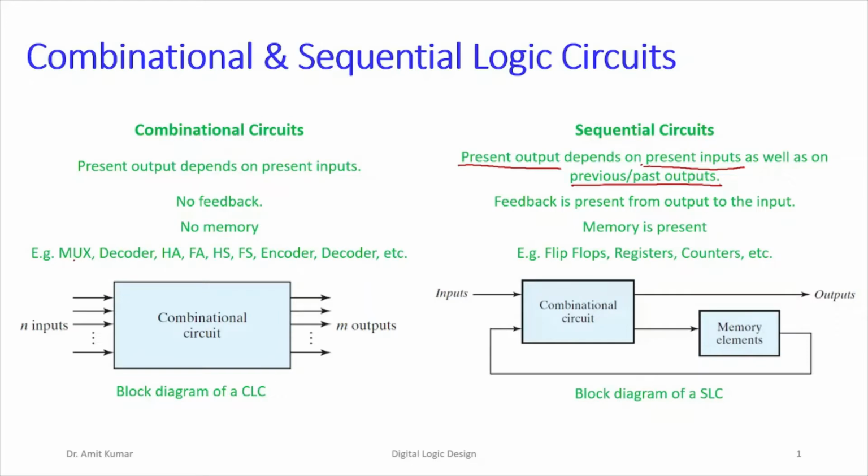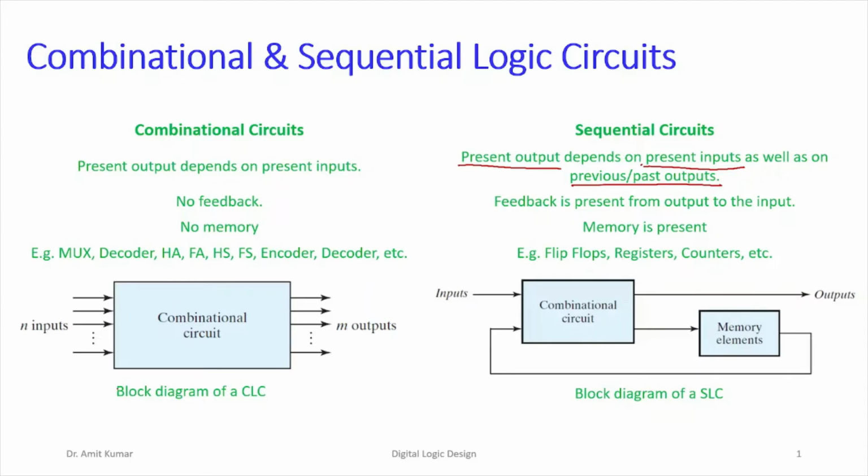A few examples of combinational circuits include multiplexers, decoders, half adder, full adder, and encoder. All of these are examples of combinational circuits. The examples of sequential circuits include flip-flops, registers, and counters. All of these designs are examples of sequential circuits, right?